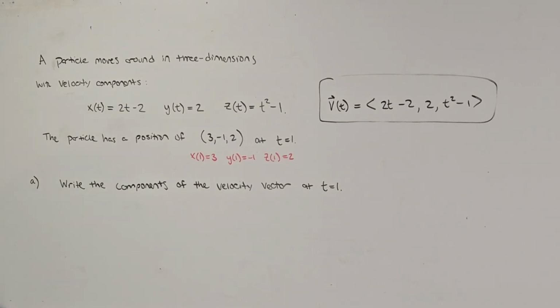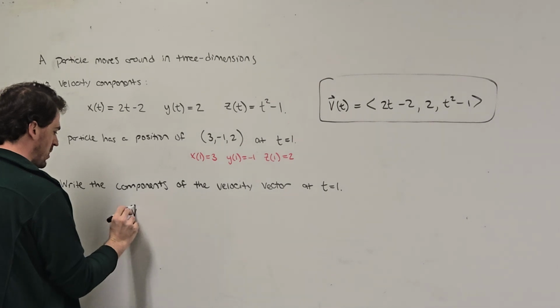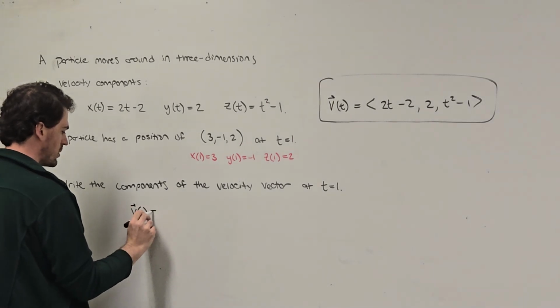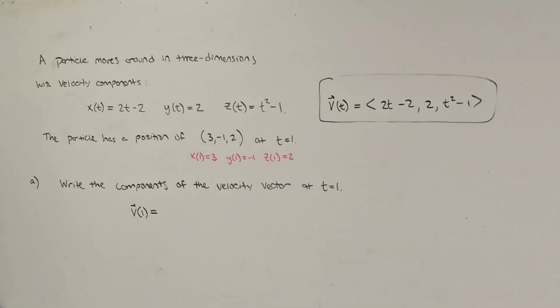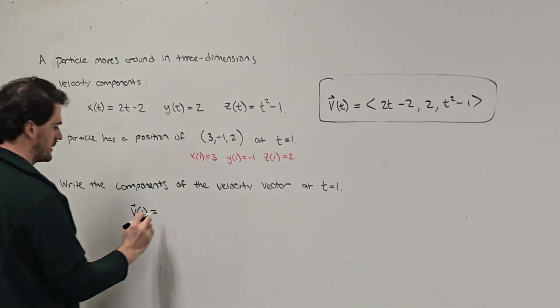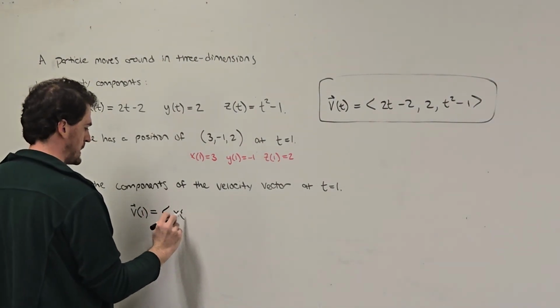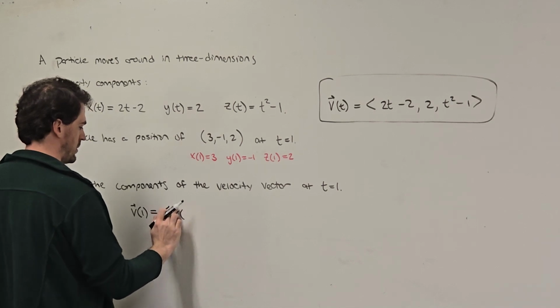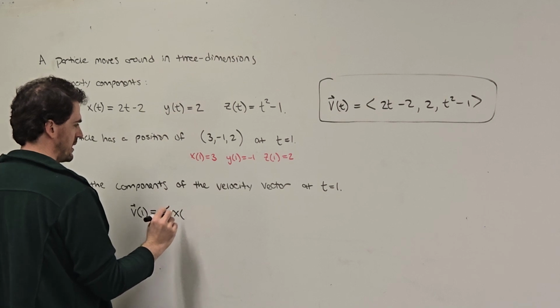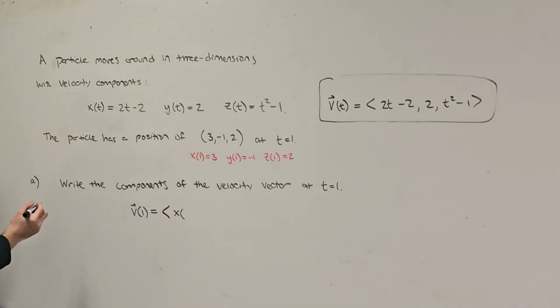Part A says write the components of the velocity vector at t equals 1. So when it says components, we essentially want to write the velocity vector at 1. I want a way of writing derivative.